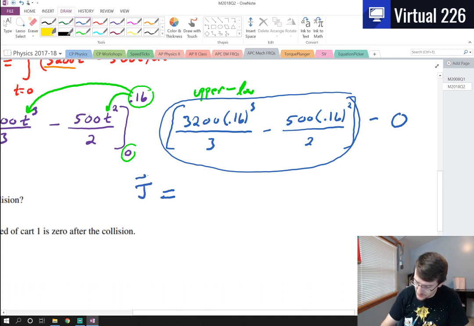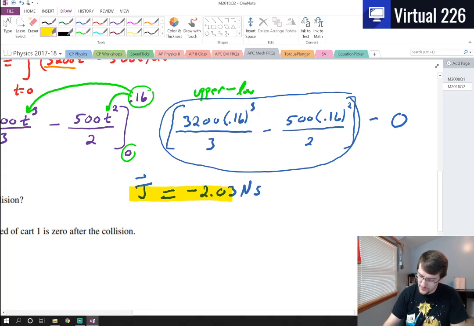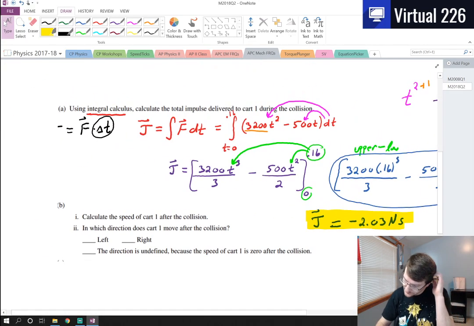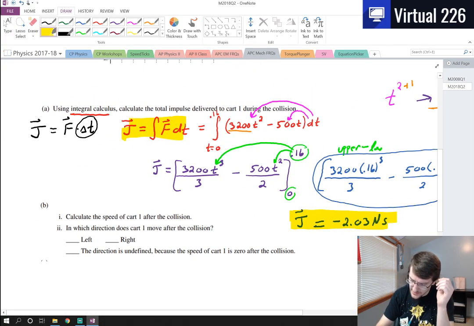So my impulse here is negative 2.03, and my units of that are Newton seconds. They are a force times a time, Newton seconds. So that's just a calculator piece there. Okay, so we really just needed to take a little bit of an integral. This is a pretty straightforward integral, no natural logs or anything, just a polynomial. So we're good.